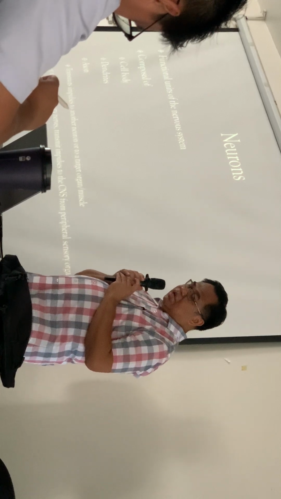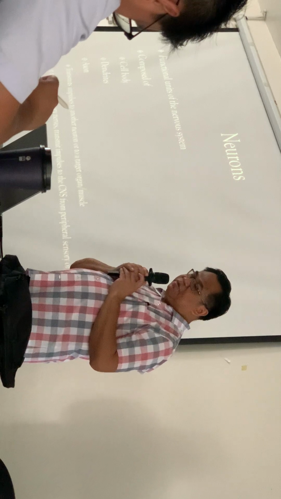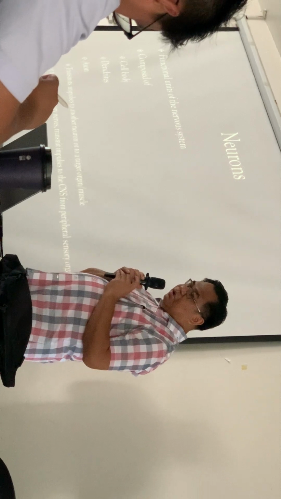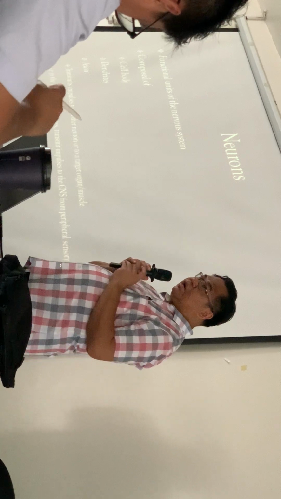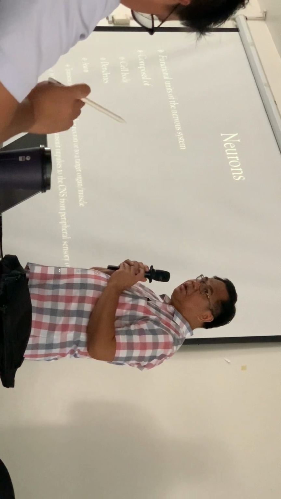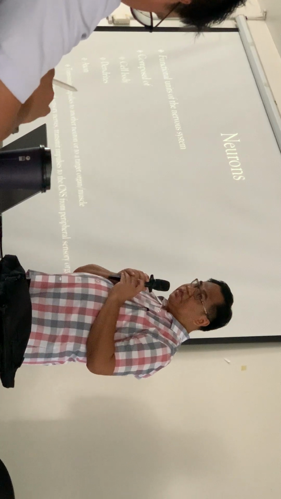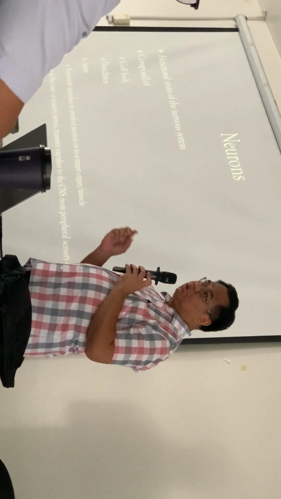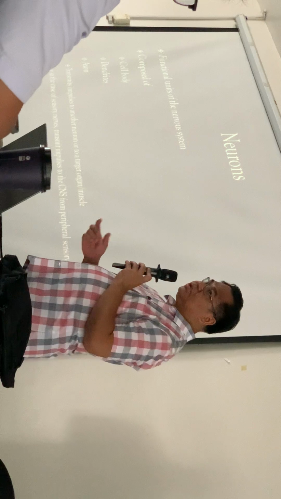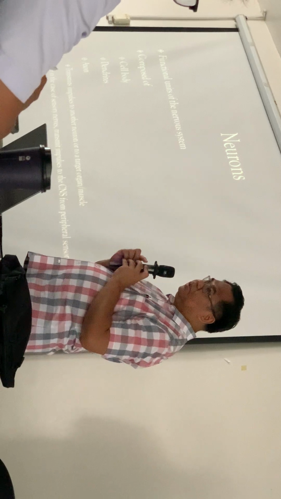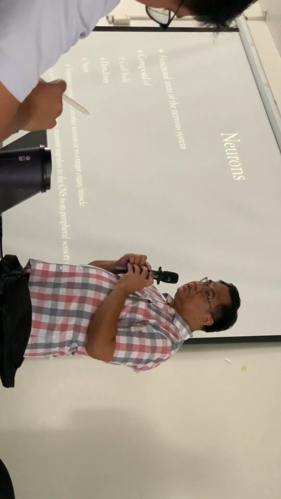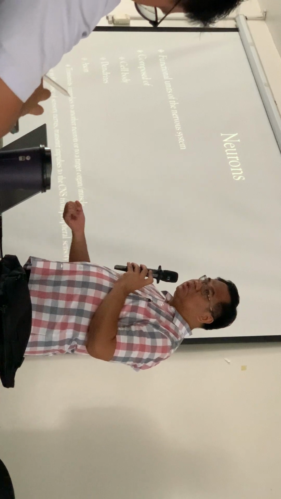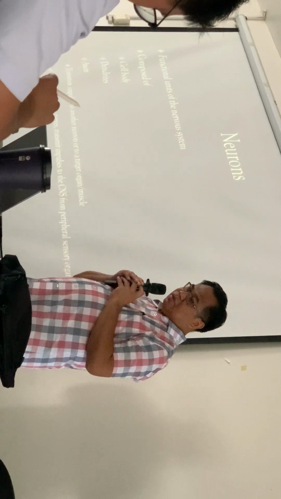So the impulse, the nerve signal, can go to another neuron, or it can go to a target organ, or a muscle. So if it is a motor neuron, it can send its signal to a muscle and tell that muscle to contract. And when the muscle contracts, it will shorten and pull along with it the bones. No? So we have movement.